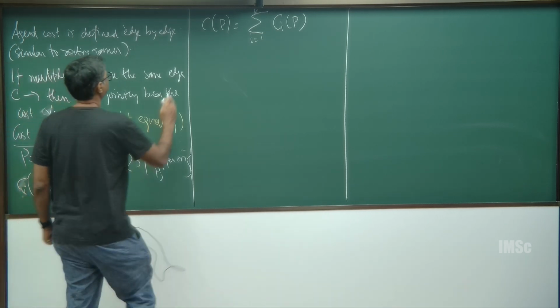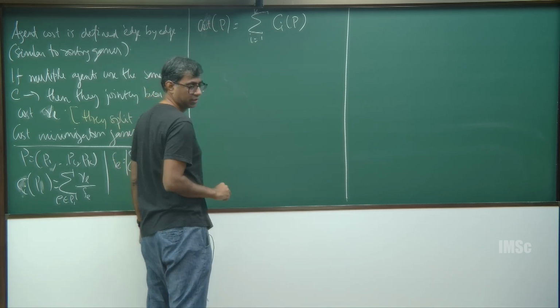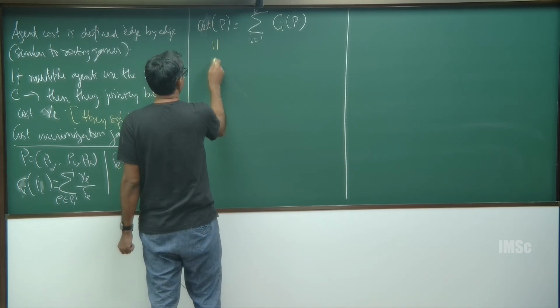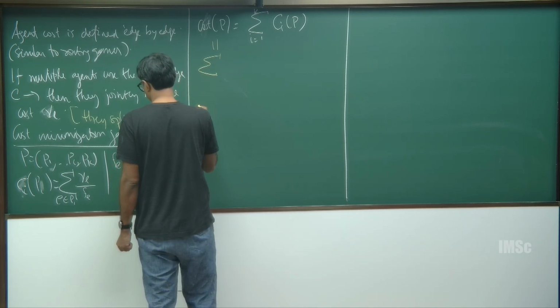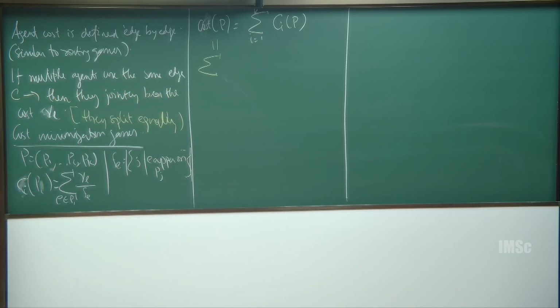I think they do not use C, they use cost of P. They define the summation over all those edges that appear on this path, so basically e in E.